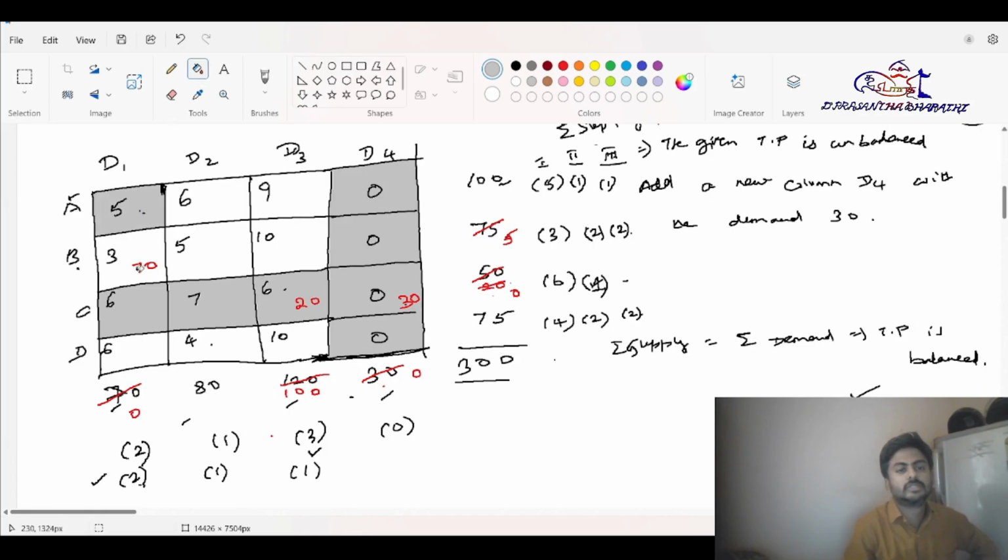So now you are having again some rows and columns. Again in this you are going to find the difference. Here you will have 6 and 9.